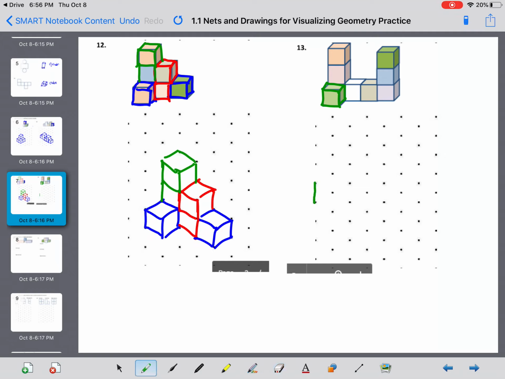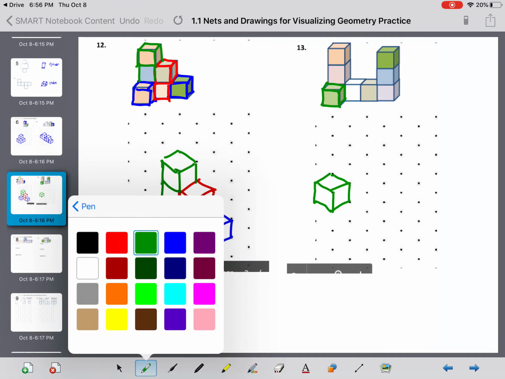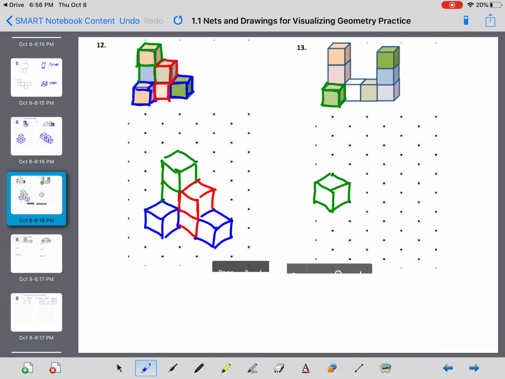I'm going to move this one all the way to the side just in case. Don't want to run out of room. So there's your front cube. Right behind that cube, you got two more stacked up. These ones.